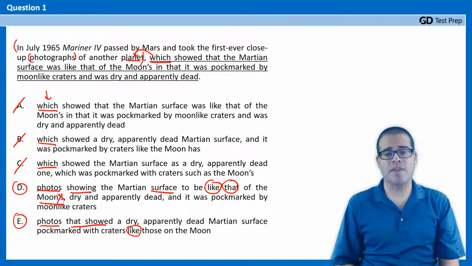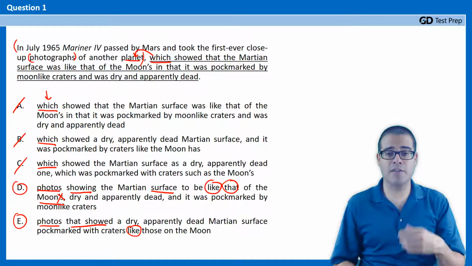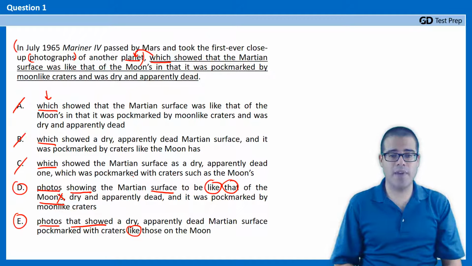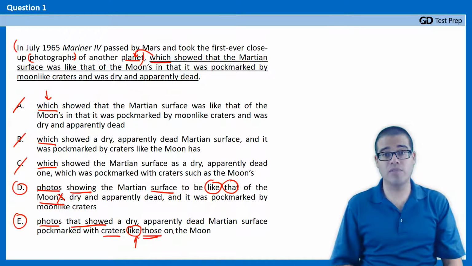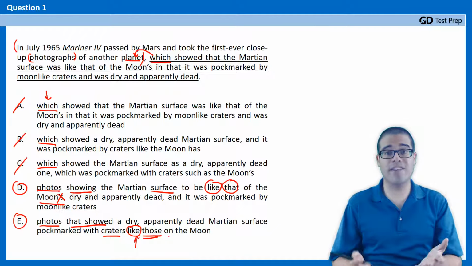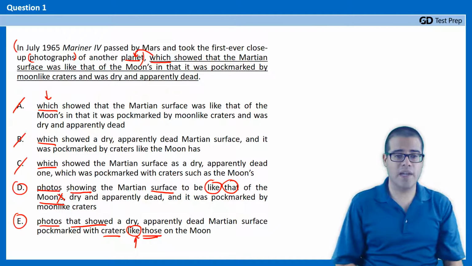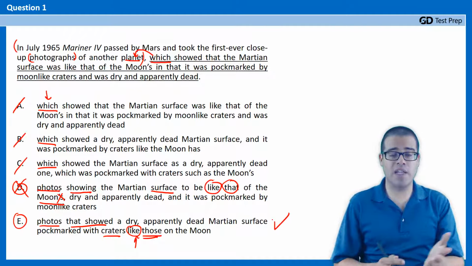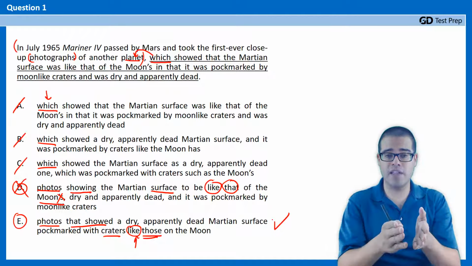You need moon alone, without the apostrophe s, so that you can compare the surface to the surface of the moon. In E, you have like, and you are comparing craters like the craters on the moon. So that works, craters with craters. That's why the best option was E. Be careful with the absolute phrase. You have a noun plus that modifier in this question.